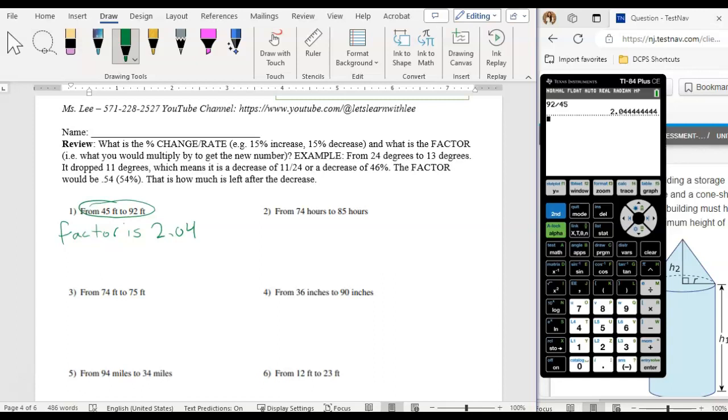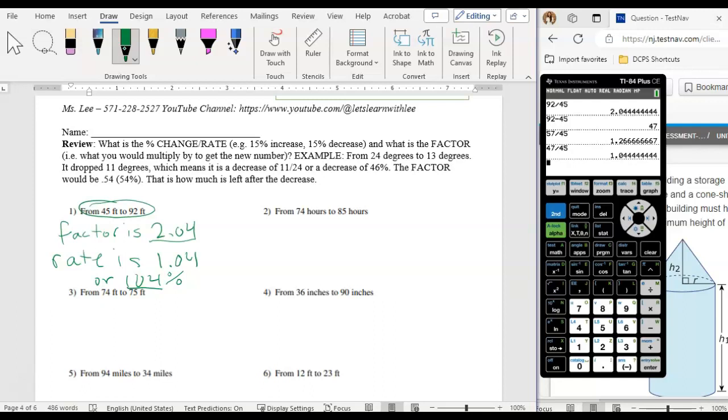We can also say that the increase was 92 minus 45, and so it grew 47. 47 divided by 45 gives us 1.04. Oops, sorry, I was like, that's way too much. Okay, gives us 1.04. And we know because our rate is 1.04 or 104%. We add that to 1 to get our new factor.